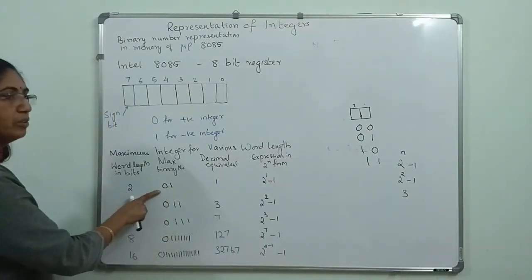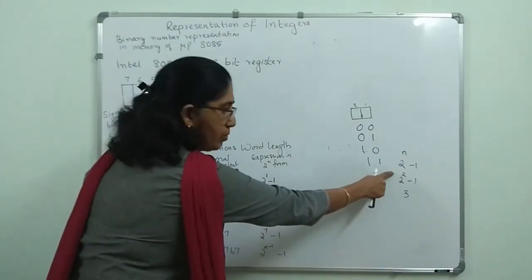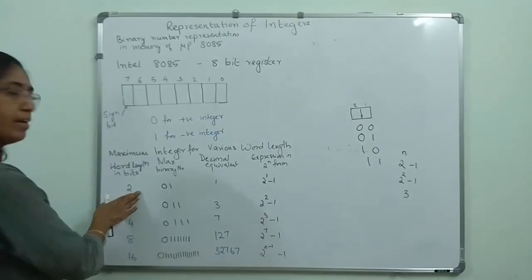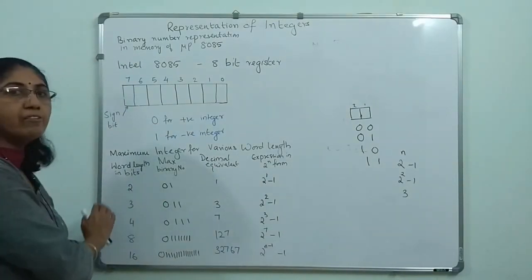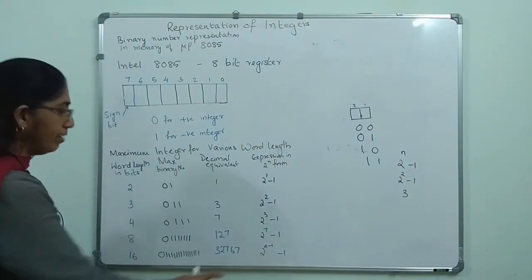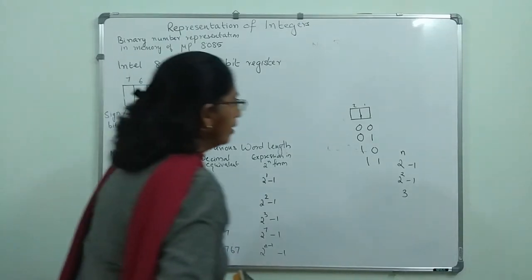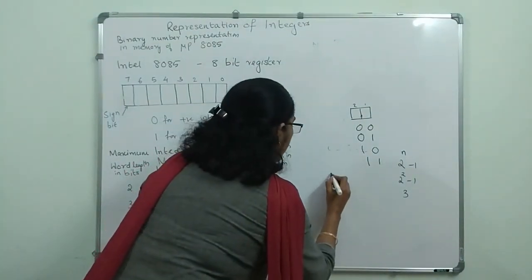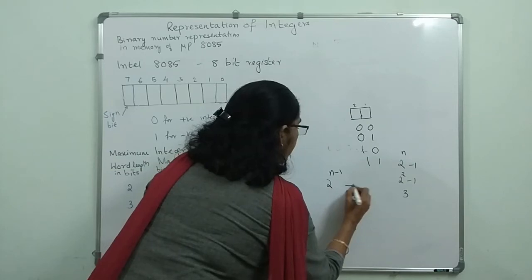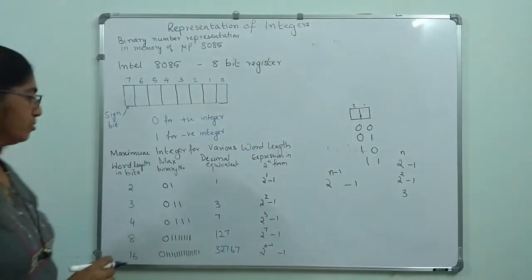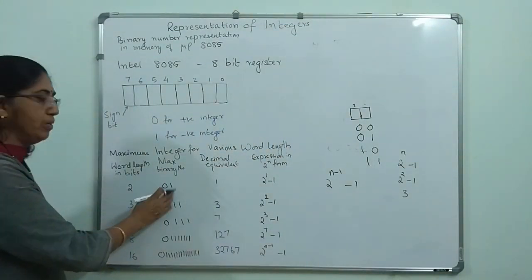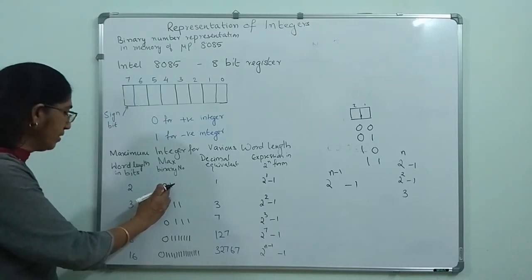Earlier, when we could use all the bits, the number was 2 raised to n minus 1. Now even if n bits are allotted, 1 is kept aside for the sign, so the remaining available will be 2 raised to n minus 1, minus 1. This is what remains for us to give the maximum value of the number, because 1 bit always goes for the sign.